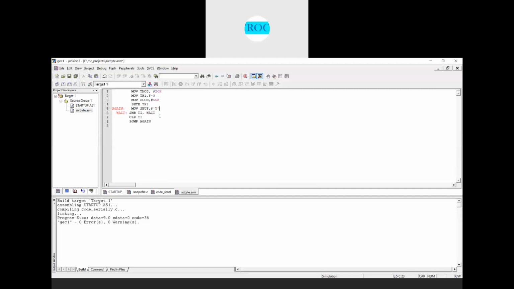Now here I'll write a subroutine and say ACALL, I'll write it as SEND. This is a subroutine we have. Next, MOV SBUF, which is the next character to be transmitted.